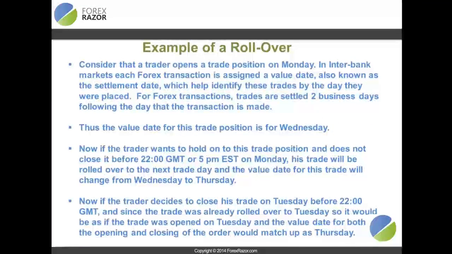Now, if the trader decides to close his trade on Tuesday before the rollover time of 5 p.m. EST, and since the trade has already been rolled over to Tuesday, so now in our example, the settlement date has changed from Wednesday to Thursday, and the value date for both the opening and closing of the order would match up as Thursday.